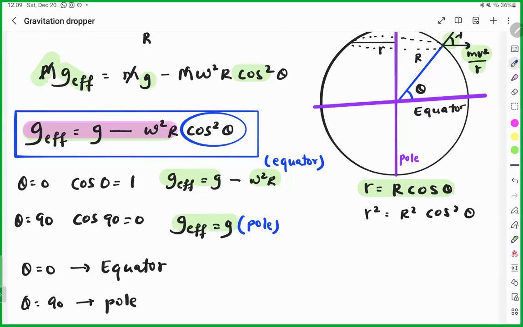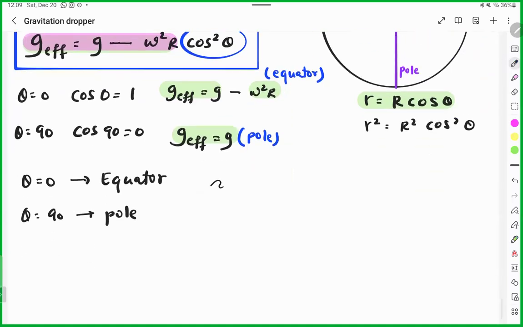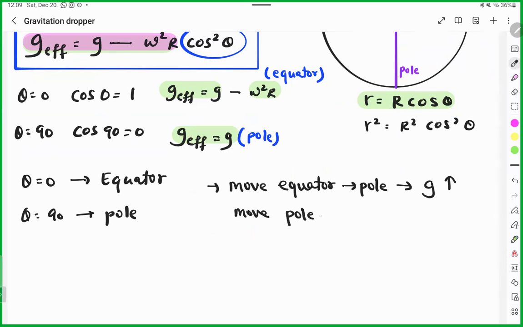Can we say if you go from equator to pole, your weight will increase because G value is increasing? So a question can be asked on this assumption. If you move from equator to pole, then what will happen? G value increases. If you move from pole to equator, then G value will decrease. Tell me, any doubt?